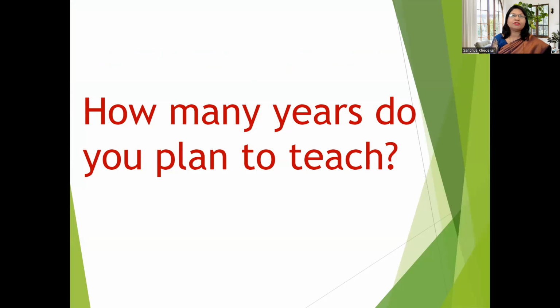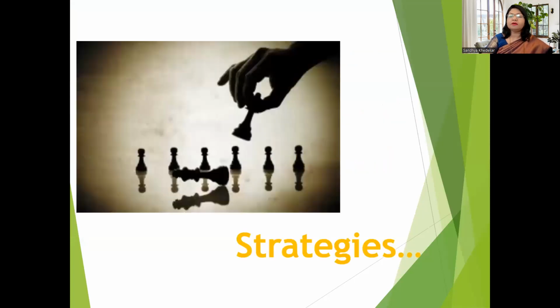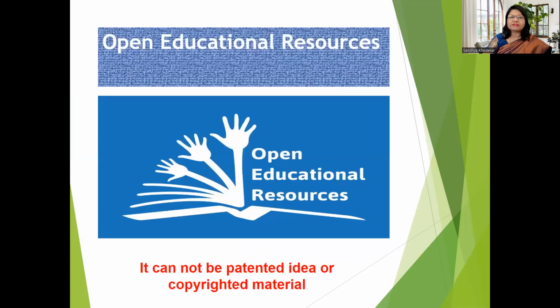If I am planning to teach for the next 10 years, 20 years, 25 years, or 5 years, whatever your schedule is, accordingly you must think about what kind of technology is going to change in the next 5 years, what kind of pedagogies I have to adapt, what different methods of teaching I have to learn, because whatever I learn, that only I can give to my students. So we have to make different strategies for this.